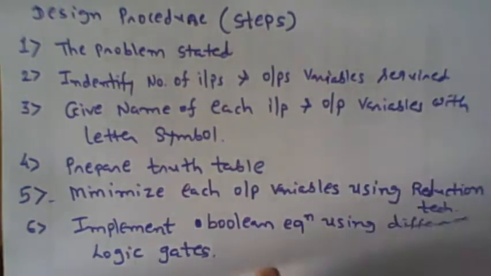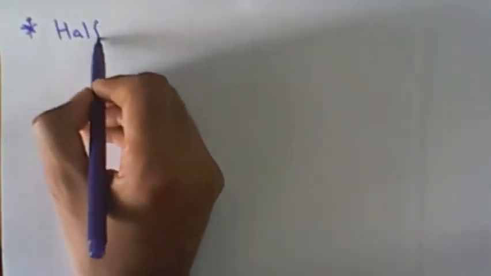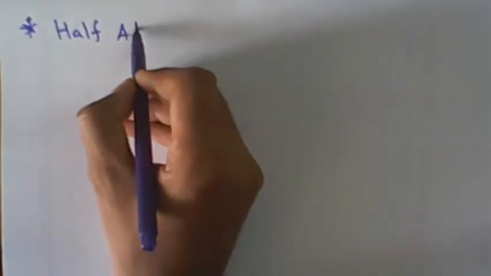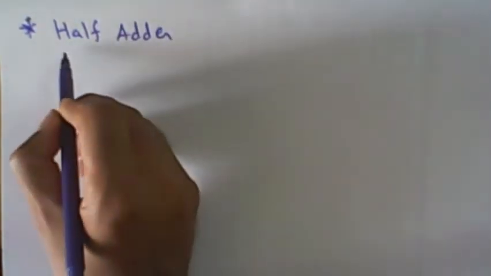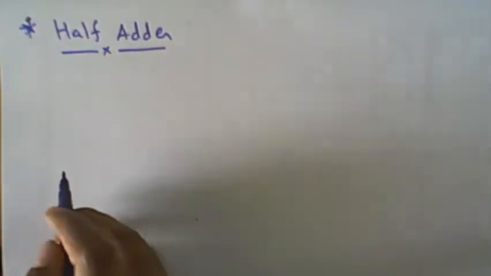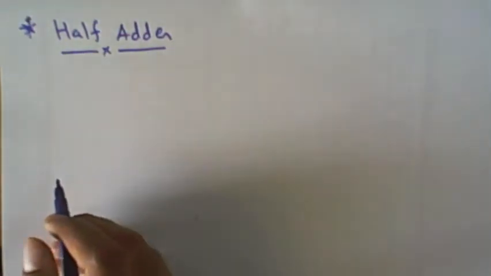Let's take one example, to design a half adder. When we design any combinational circuit, there are some practical constraints.